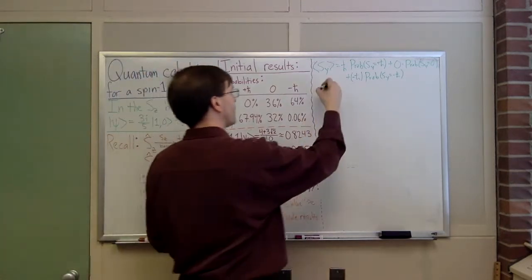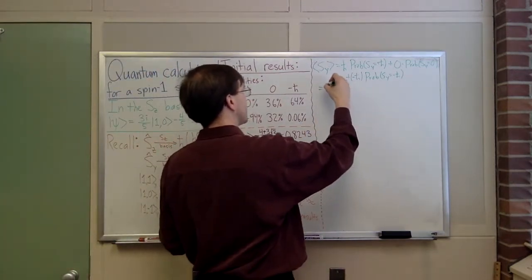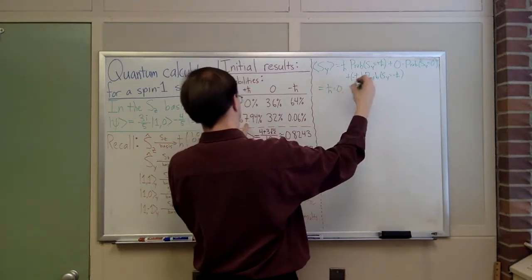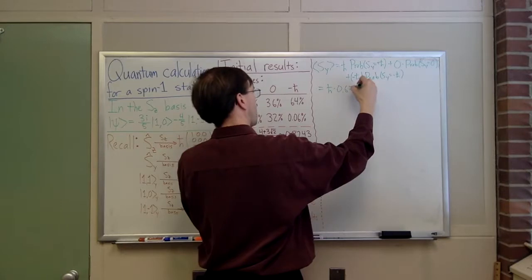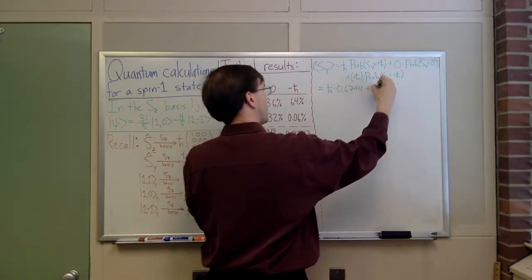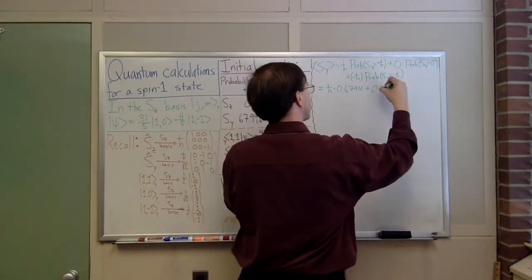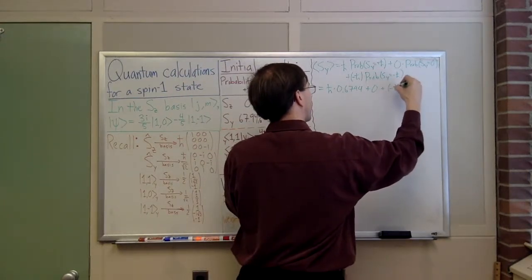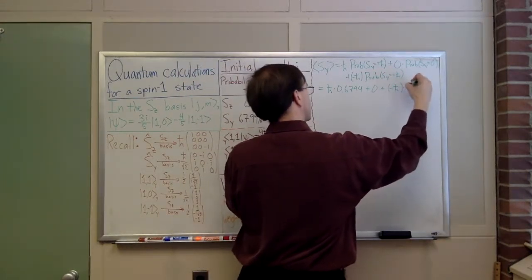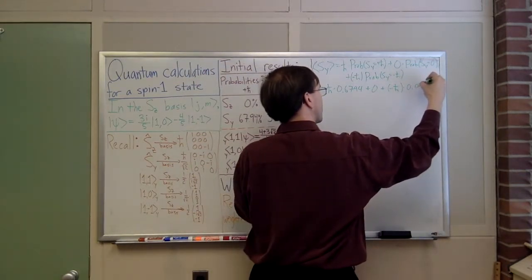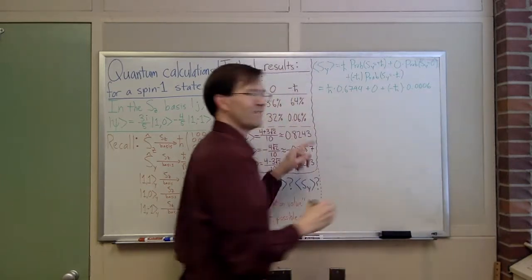I can write that down, and I'm going to get that this is h bar times, this probability is 0.6794, plus 0, because 0 times anything is 0, that one's easy to do, and then plus minus h bar times 0.06%, which is 0.0006. That's very small.